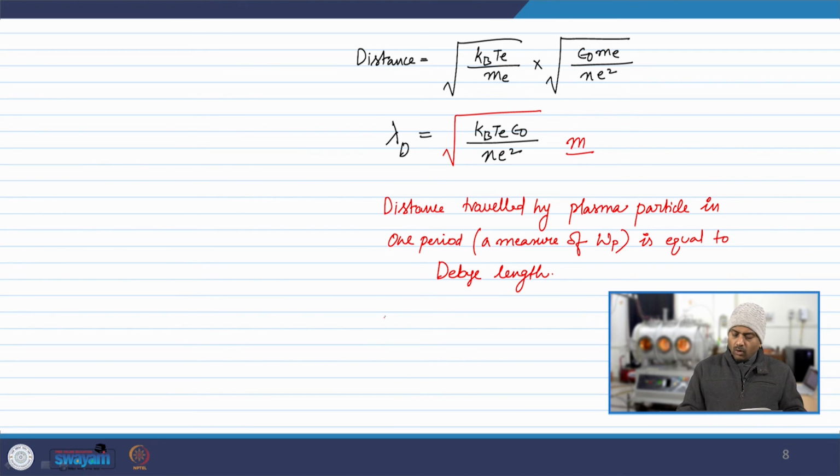That means, this omega p and lambda d are self related, they are related to each other.